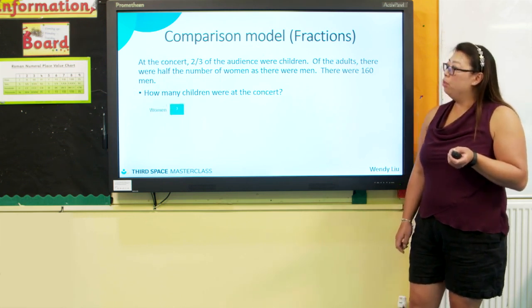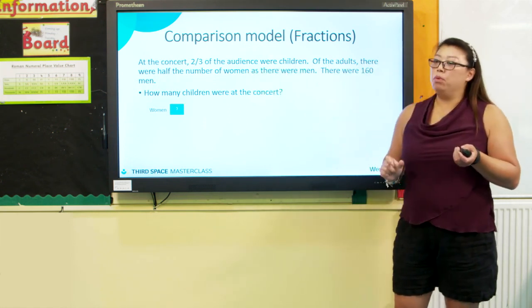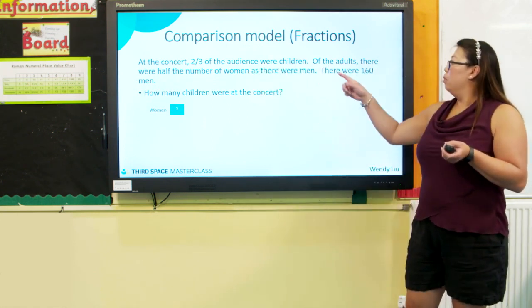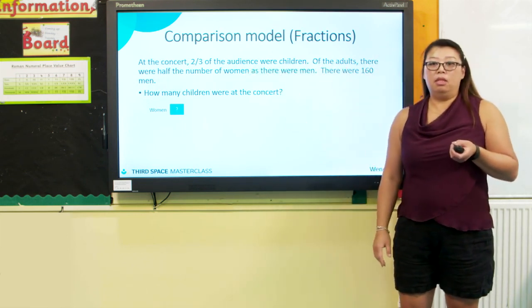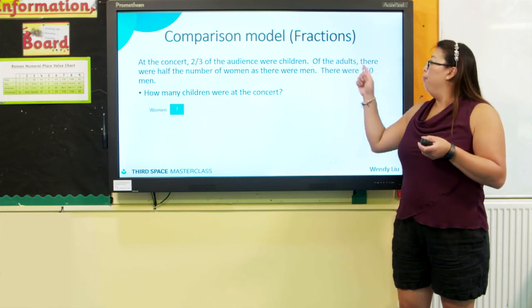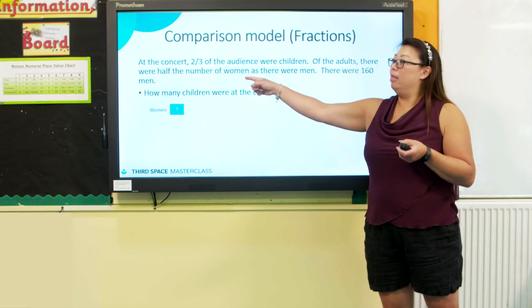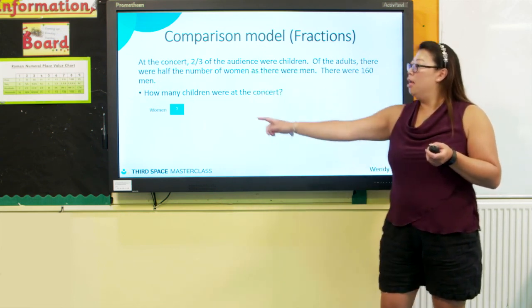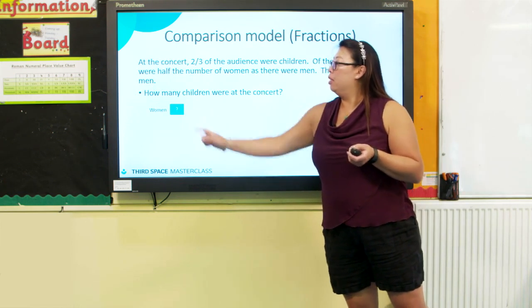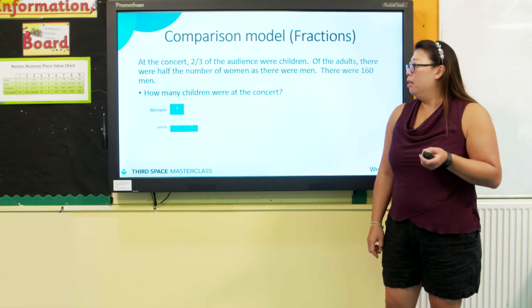So again, we model. First of all, we can look at, well, what is the smallest part size? The smallest part size can't be the children because 2/3 of the audience were children. There were half the number of women as there were men, so the women are half the number of men. So the women's part size is the smallest part size. So we can use one part to represent the women there.